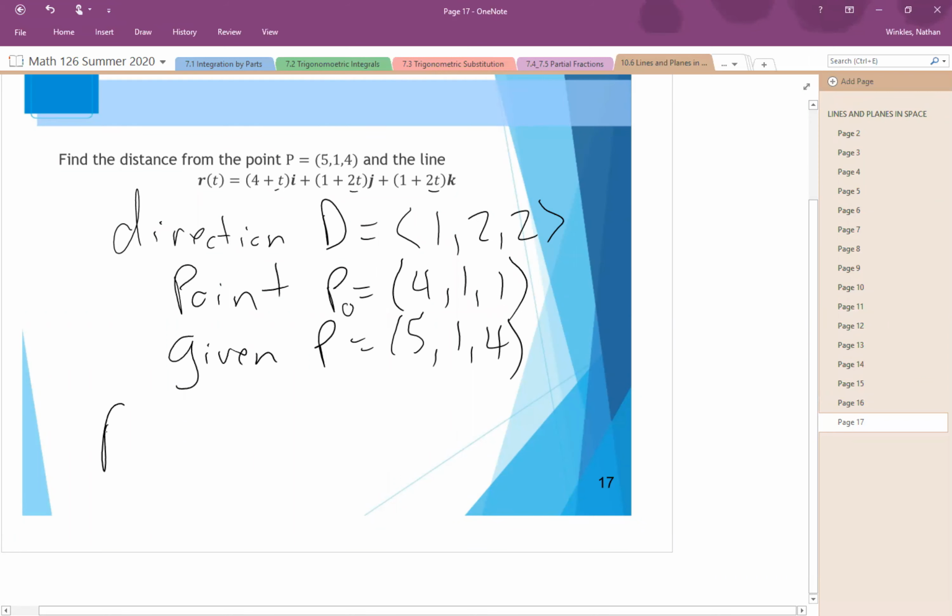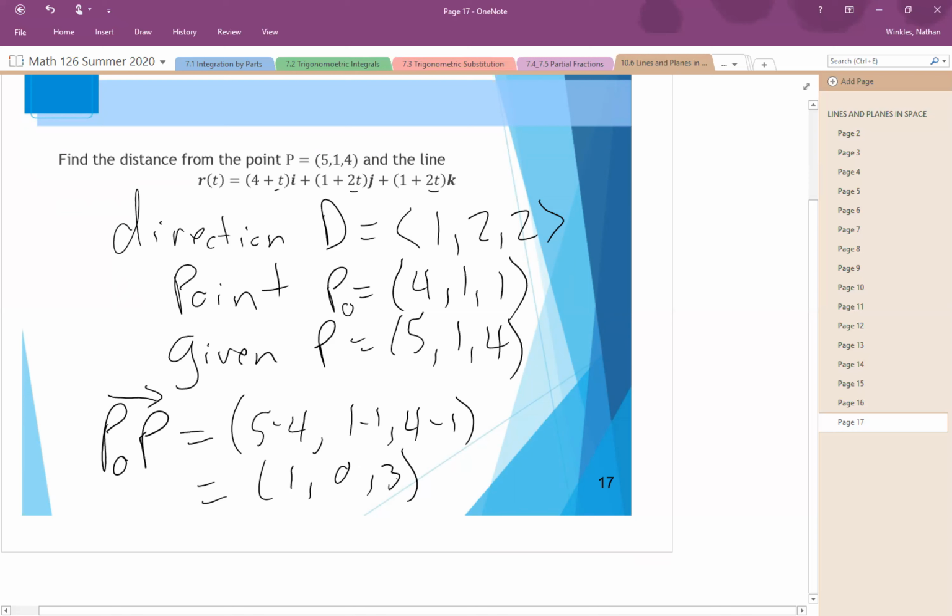If we find the vector P0 to P, we take P and subtract our P0 point. So this is 5 minus 4, 1 minus 1, 4 minus 1. We get (1, 0, 3), which another way of writing is i plus 3k.